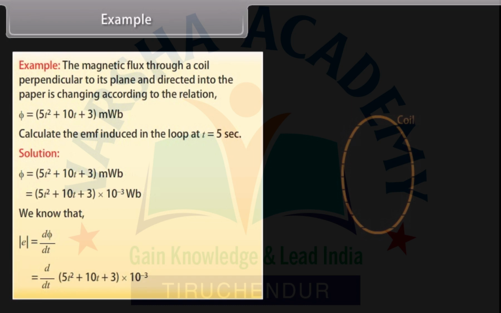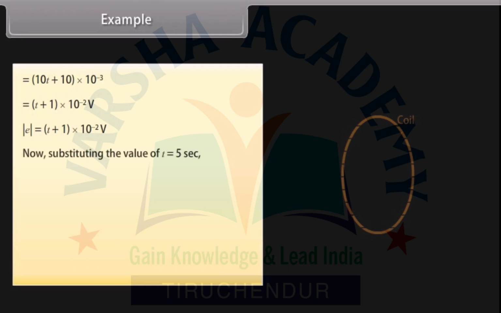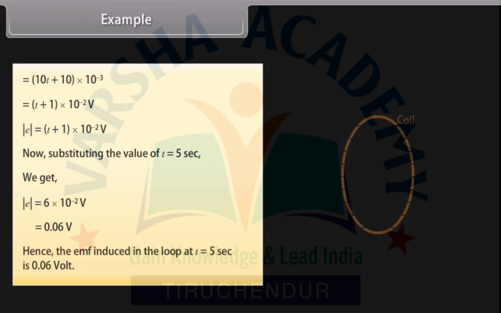By putting the values in this equation, we get E is equal to (t + 1) multiplied by 10^-2 volt. Now, substituting the value of t as 5 seconds, we get E as 0.06 volt. Hence, the EMF induced in the loop at t equal to 5 seconds is 0.06 volt.